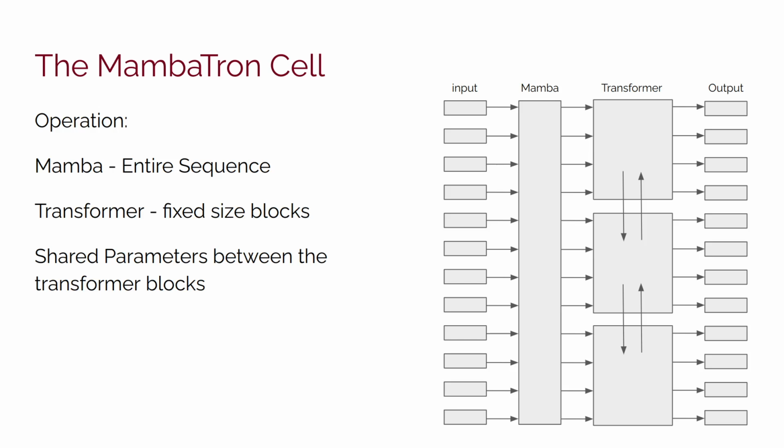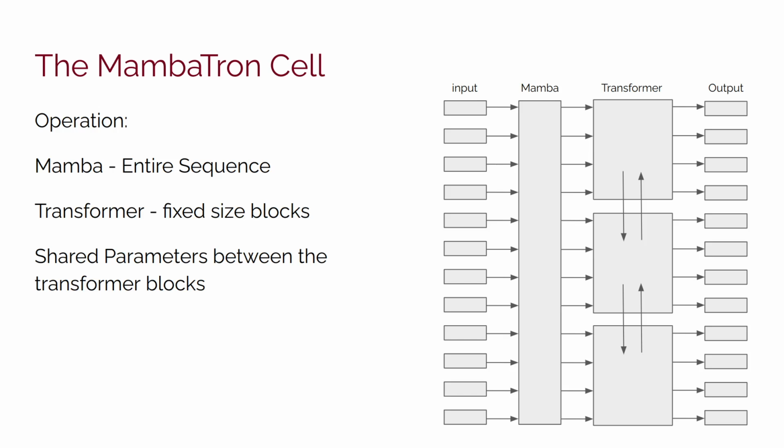So here's the operation of how MambaTron works with the input sequence. The Mamba layer and the transformer layer don't operate exactly equally. The Mamba layer operates on the entire sequence, while the transformer layer operates only on a set block. For example, here you can think of the block size as 4. It operates on 4 inputs at a time.